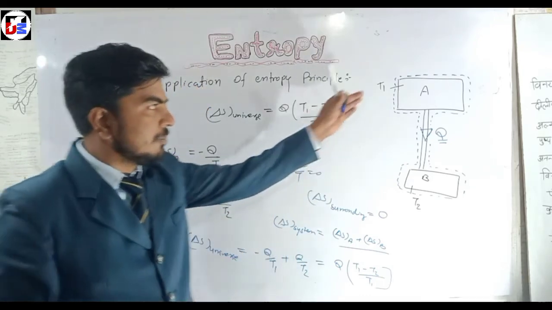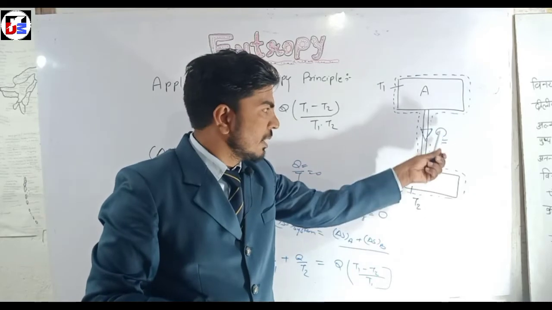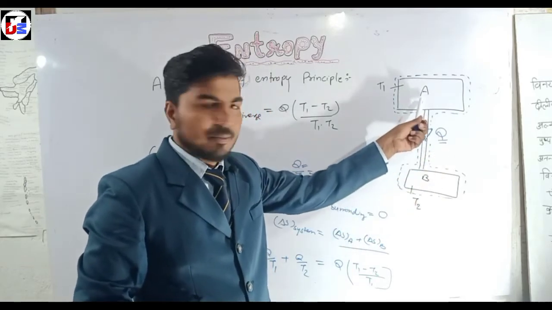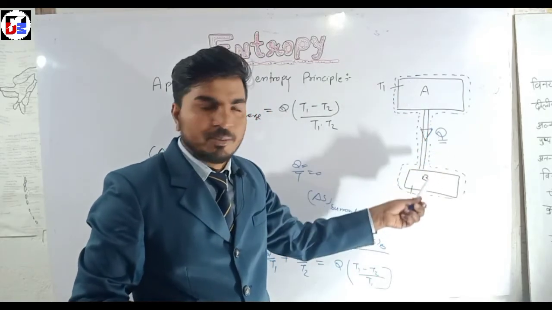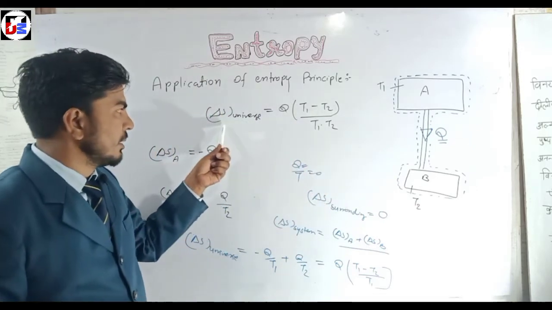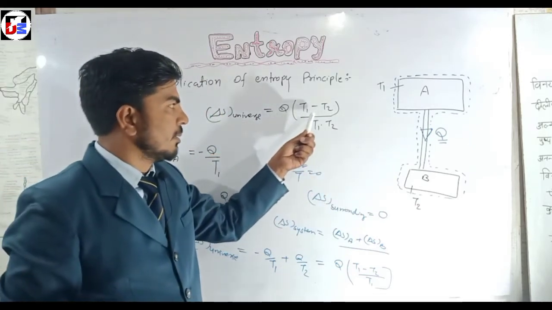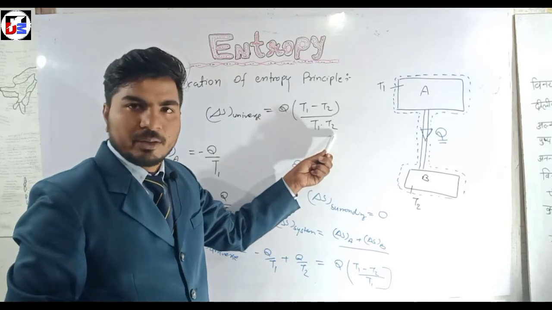In this process, heat transfer takes place from reservoir A to reservoir B. We get the result that delta S universe is Q (T1 minus T2) upon T1 into T2.